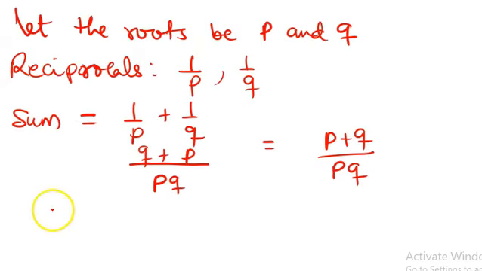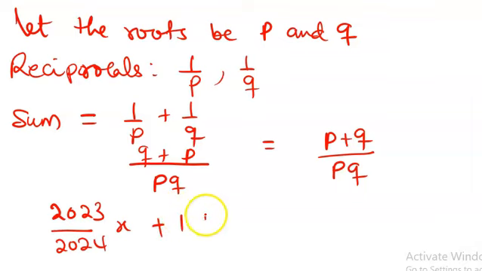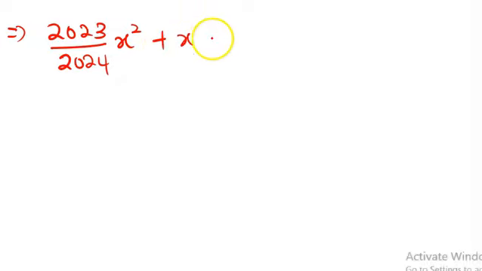So the equation is 2023 over 2024 x plus 1 plus 1 over x is equal to 0. Let's multiply through by x, and when we do that, we are going to get 2023 over 2024 x squared plus x plus 1 is equal to 0.